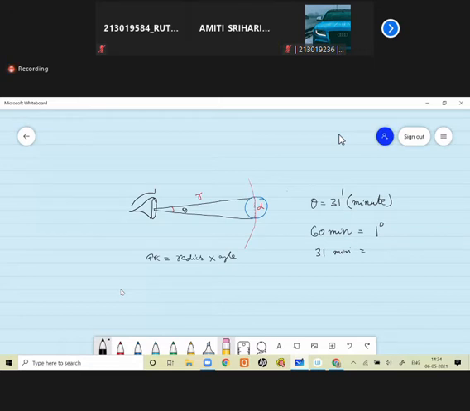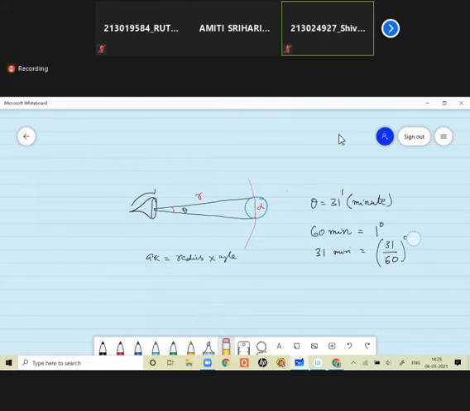So 1 by 60 into 31, that is 31 by 60 degrees. Am I correct, children? Now 180 degrees is equal to pi radians. 1 degree is equal to pi by 180 radians.